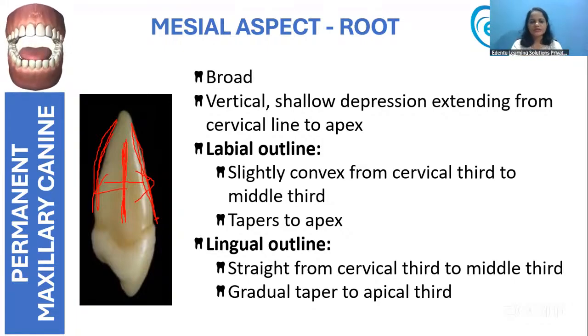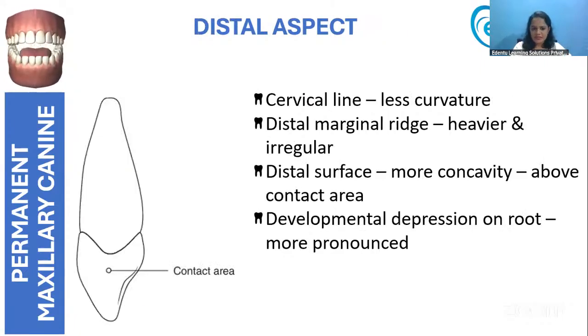So that's about the mesial aspect of the root of the permanent maxillary canine.